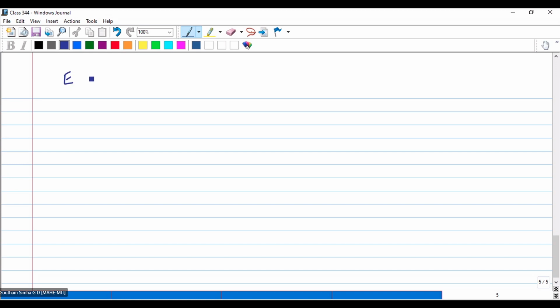Expectation of gamma_i is equal to the expectation of the channel, that is mod of h_i square, into gamma bar. That is my gamma bar.